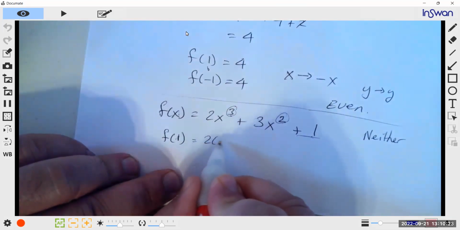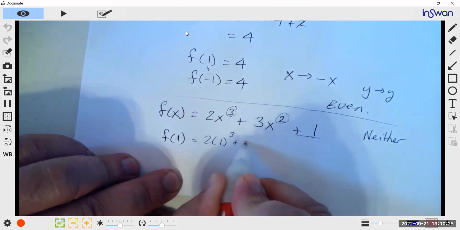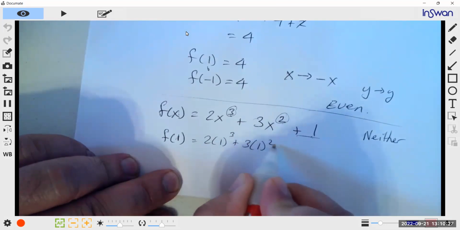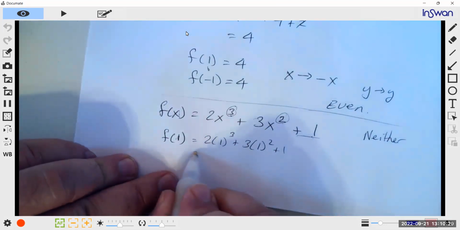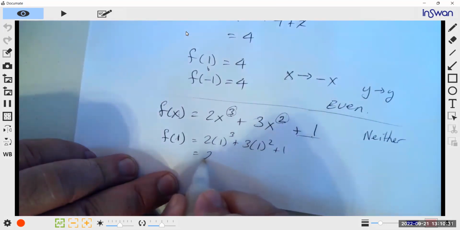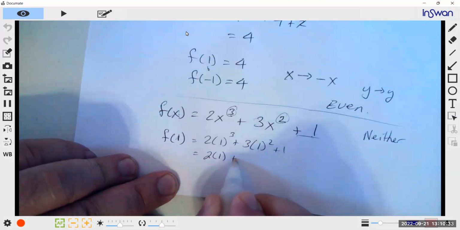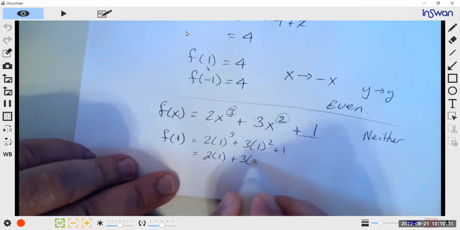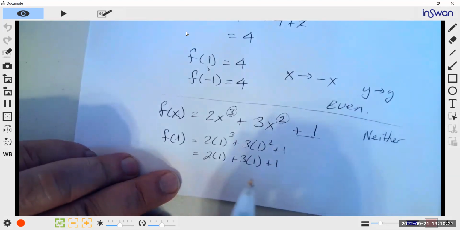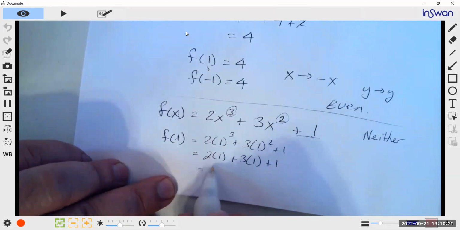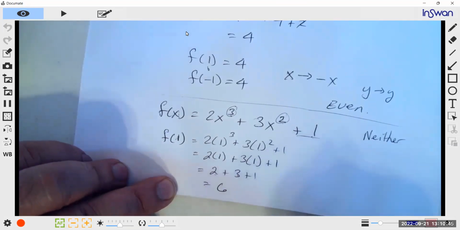So we have 2 times 1 to the power 3, plus 3 times 1 to the power 2, plus 1. 1 to the power 3 is 1. 1 to the power 2 is 1. 2 times 1 is 2. 3 times 1 is 3. 2 plus 3 is 5, plus 1 is 6.